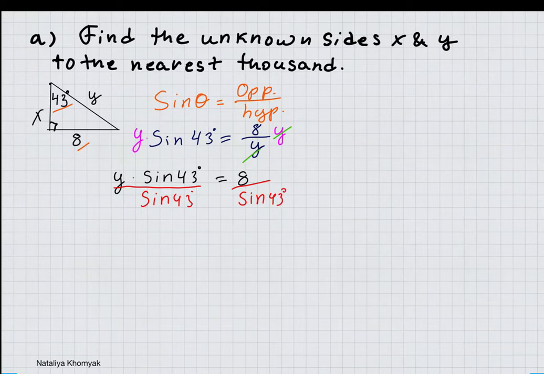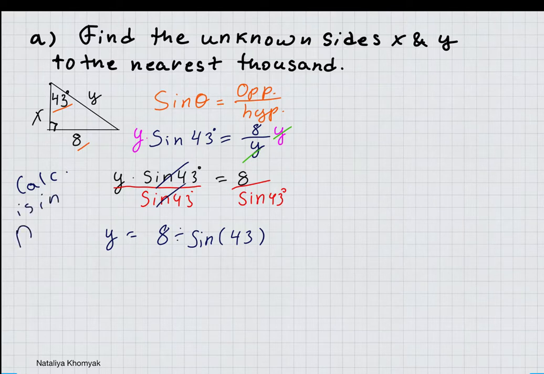Sine of 43 divided by itself cancels out into 1. So you will have y equals, and in your scientific calculator you want to put 8 divided by sine of 43 degrees. Make sure that your calculator is in degree mode.